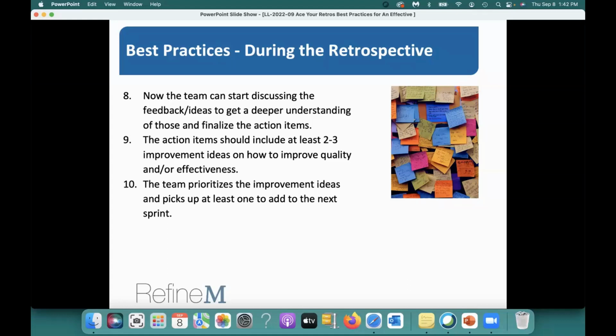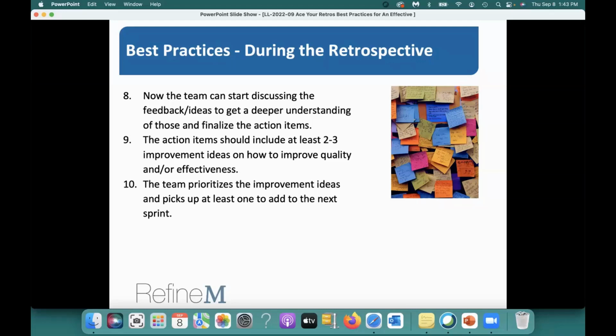So you must have at least 1 action item that you are going to implement in the next sprint. When you come out of this retrospective, you have a couple of good ideas that you want to implement. You might have 5, 6, 10 ideas; prioritize, and the 2 topmost ideas you should implement. Make sure at least 1 you pick up in the next sprint, and when you are done with that, you pick up another.